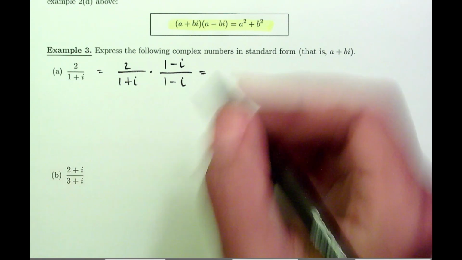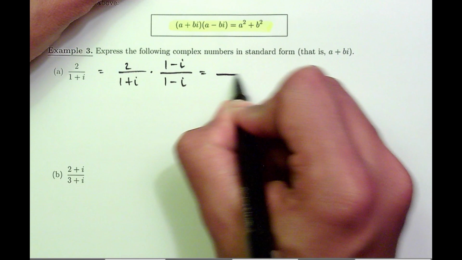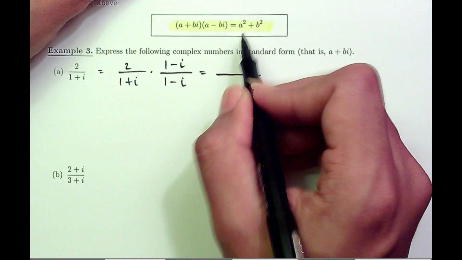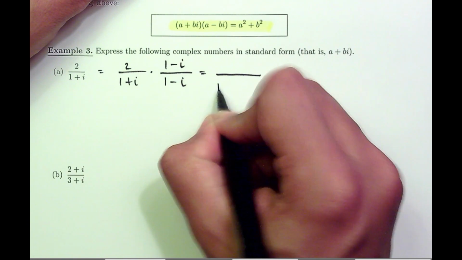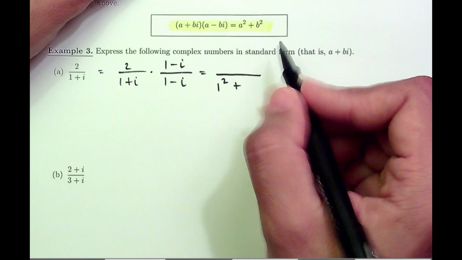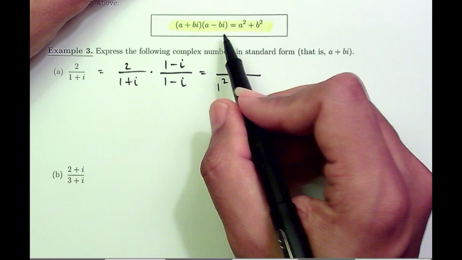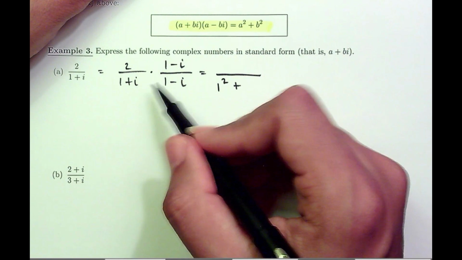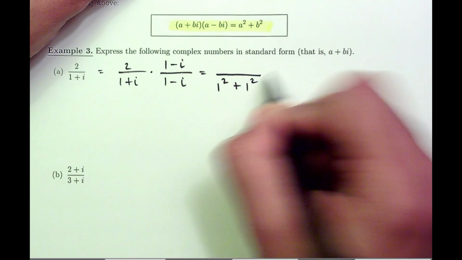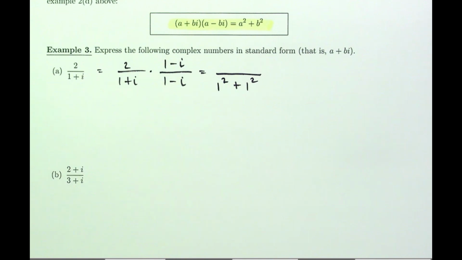Alright, and now, using the formula, on the bottom you're going to get the first number squared plus the second number. The second number is what is in front of the i, the imaginary part. What is in front of this i is a 1. So 1 squared. Remember, there's not going to be any minuses or any i's once you apply the formula.